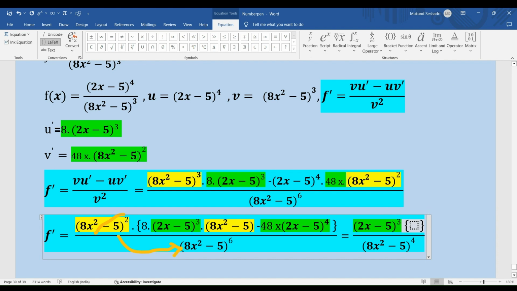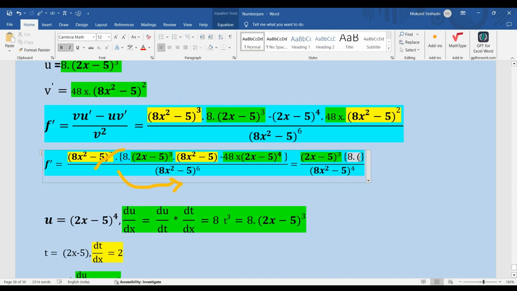So I pulled out my (2x − 5) the whole cube. So I still have my 8. Remember, folks, we are on the first part of the numerator. And then I still have my 8x² − 5, which I will copy as it is. So I have my 8 into (8x² − 5). So let's copy it as it is. And then I have a minus sign.